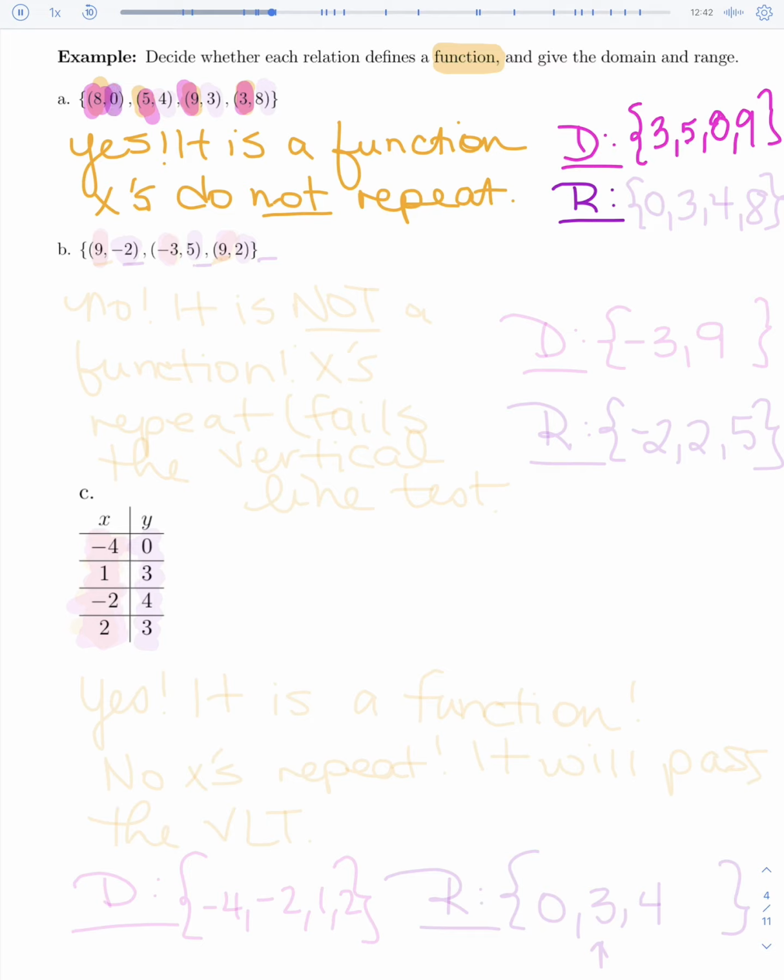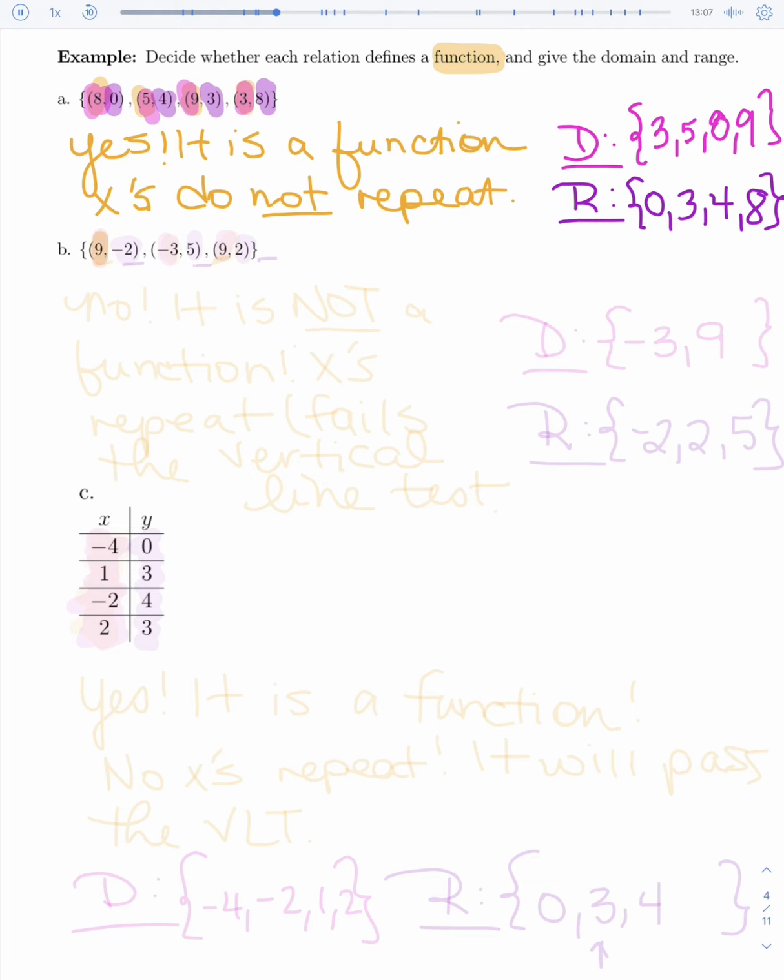For range, we're looking at the y values, and we're going to do the same thing. We've just got a bunch of points, so we just need to list the y values we have as our possibilities. Well, we've got a 0, a 3, a 4, and an 8, and those will go in little set braces. And we're done.